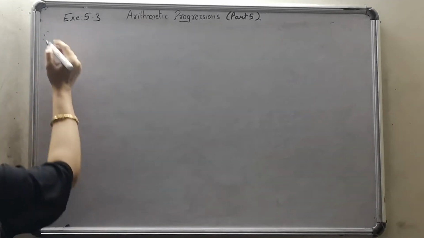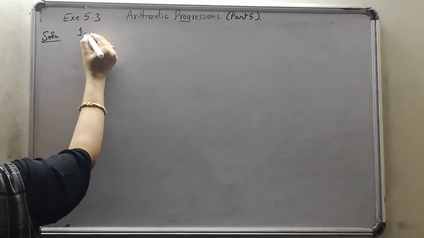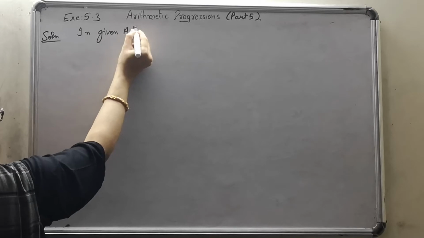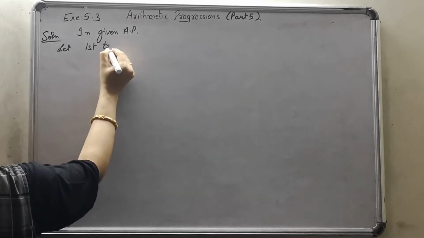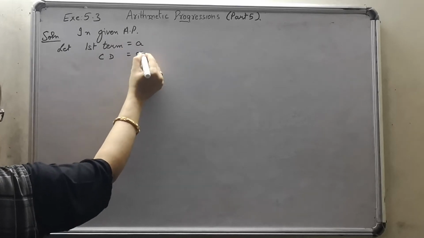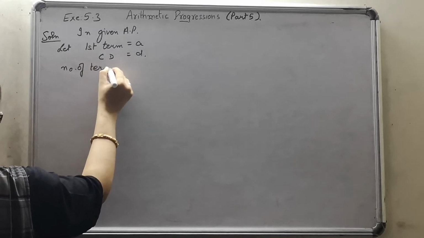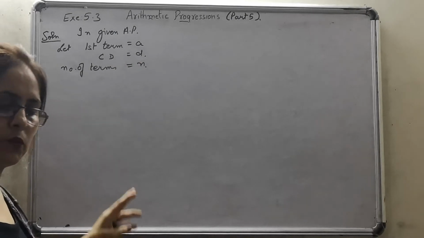So since the AP is not given, we are going to suppose the abbreviations. In the given AP, let the first term be a and common difference be d, and let us suppose the number of terms be n. So let's read the statement once again.